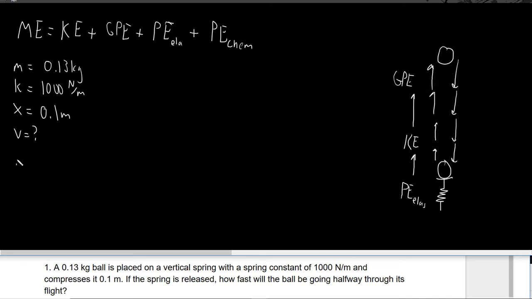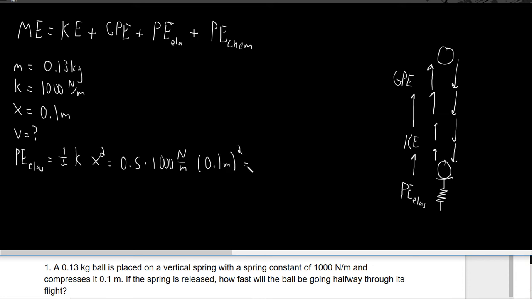So I should probably start by finding the elastic potential energy. The equation we're going to use for that is 1/2 spring constant times its distance stretched or compressed squared. So in this case, 0.5. Spring constant we said was 1,000 newtons per meter. That's a pretty stiff spring. And we need to square the distance, which is 0.1 meters squared.